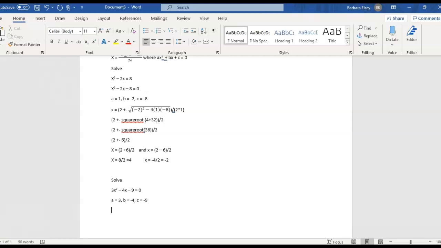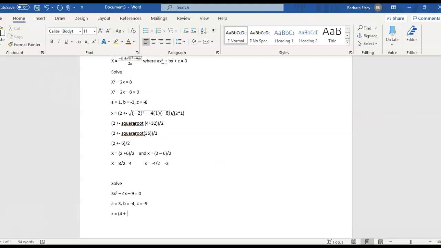All right, so let's plug that into our formula. First, we want negative B. For us, it's -4, which makes it positive, plus and minus. I'll pull this down just a little bit so you can see the formula as we're going through. And then we'll need the square root.